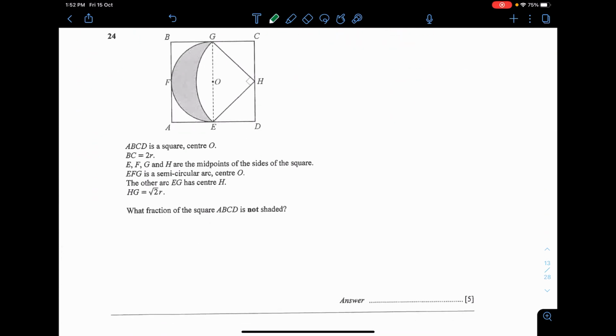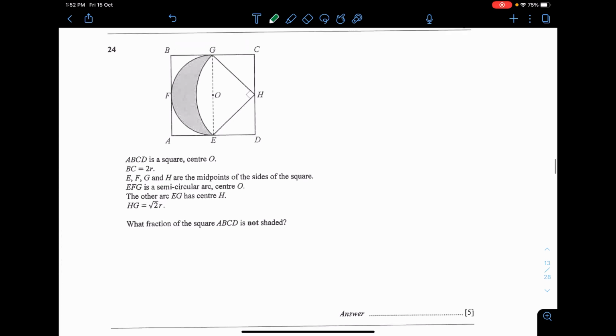24. Find out the fraction of the square that is not shaded. That means I need to find the shaded area first. What do I have here so far? This looks tough. Length of BC is 2r, so this is r and r. Because EFGH are the midpoints, semicircular arc, the center is O, so EFG is another one.